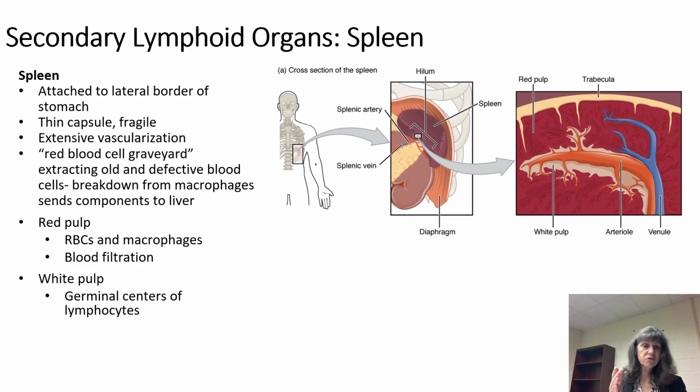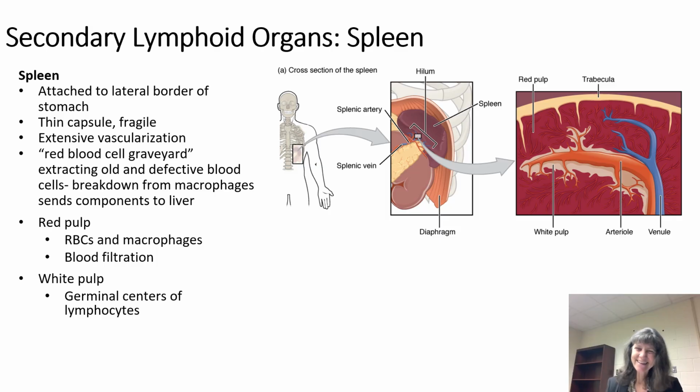It's referred to as red pulp because we've got a lot of erythrocytes and macrophages, and this is where blood has filtered into this organ. And then we have what we call white pulp, where we have germinal centers of lymphocytes. Lymphocytes are leukocytes, and leukocytes are white blood cells, and that's why it's called white pulp.